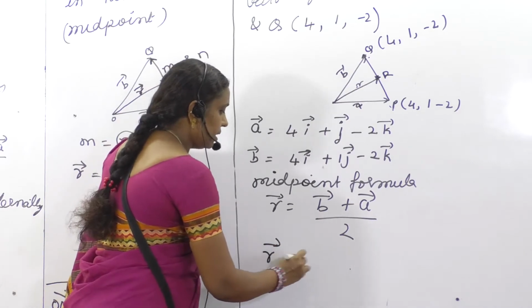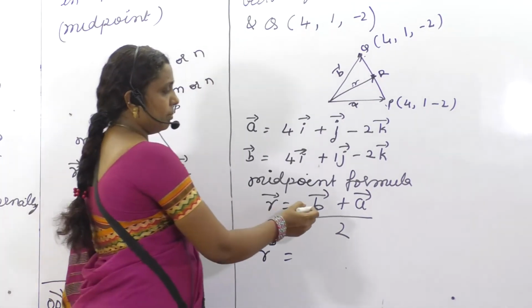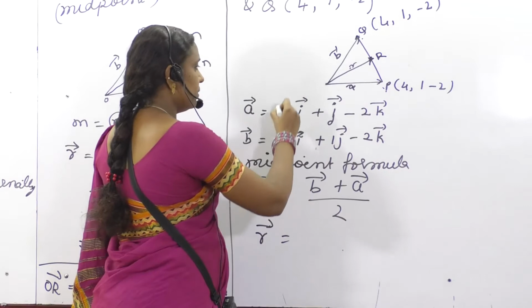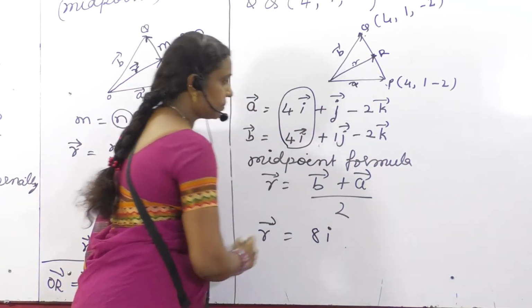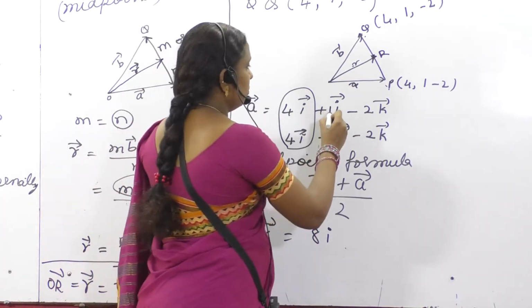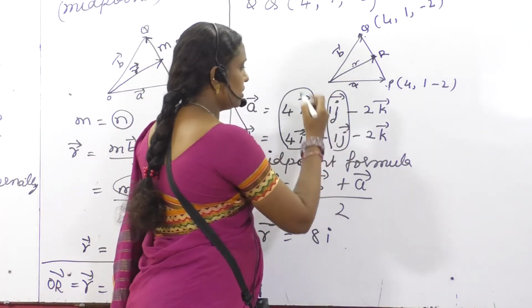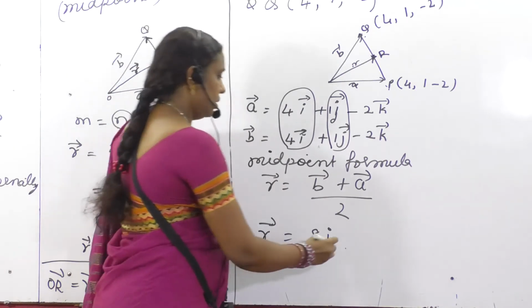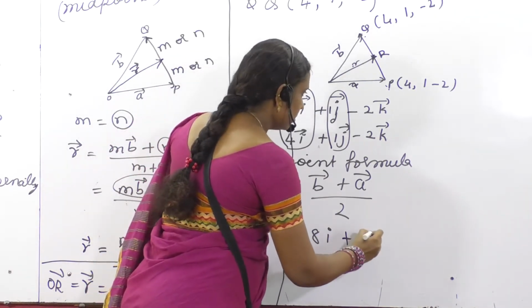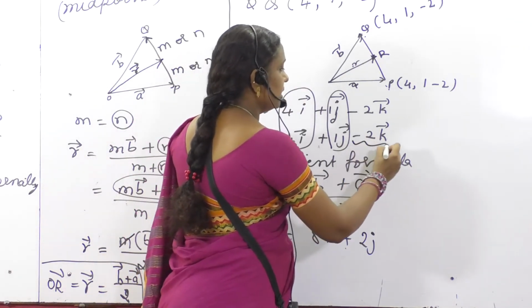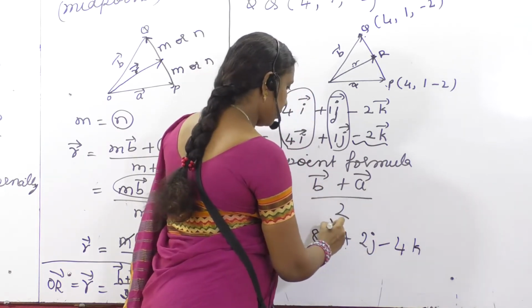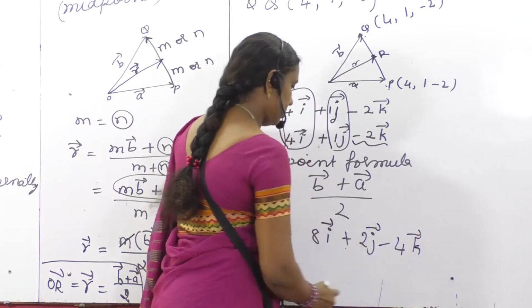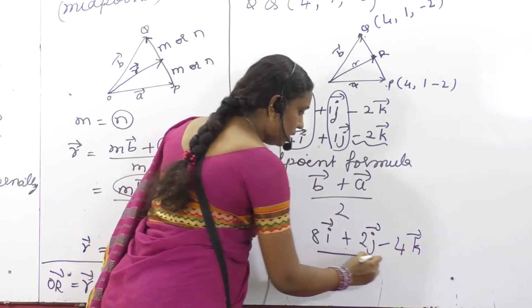R vector is equal to, just make the addition component wise, 4 plus 4, 8i, and this one 1j plus 1j is equal to 2j, and here check with this minus 4k, because the whole vector is divided by 2.